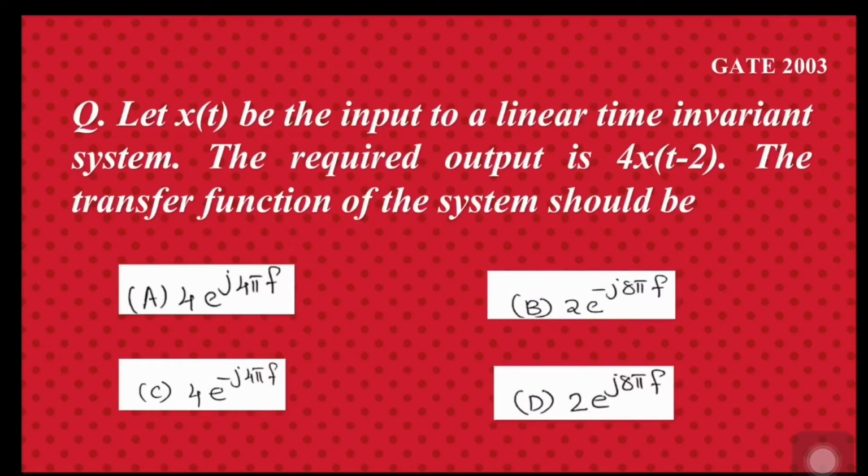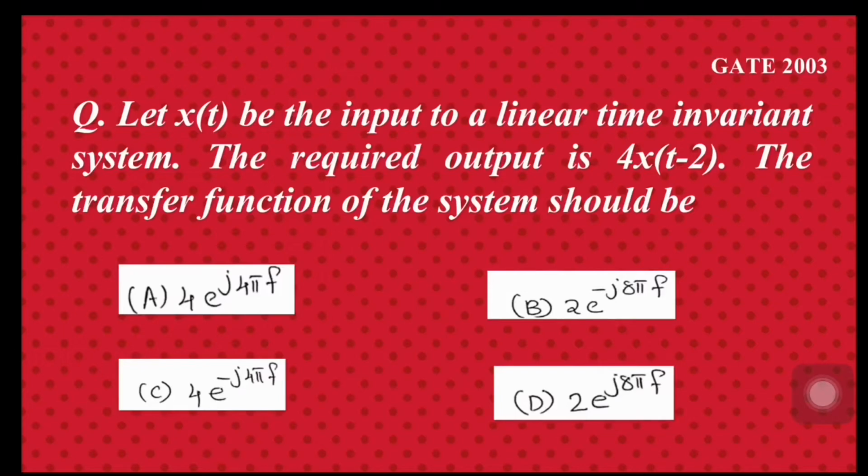So here we have an LTI system. Its input is given as x of t and output as 4 into x of t minus 2. We are asked to find out the transfer function of this system. First of all, let us understand what is an LTI system and how can we define the transfer function of an LTI system.